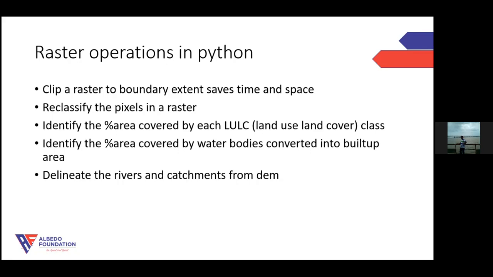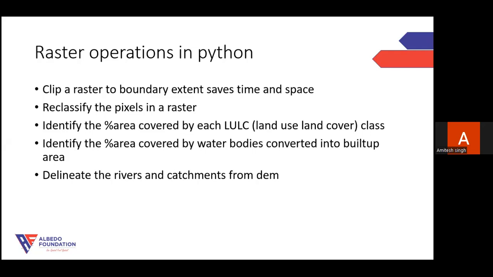Loading land use land cover data with a 1000 square kilometer area is too much in QGIS or ArcGIS. It's very difficult to visualize. So what you can simply do is download the land use land cover data, and with whatever boundary shapefile you have, clip your land use land cover raster with your boundary, delete the 1000 square kilometer land use land cover data, and visualize the data that you have clipped.